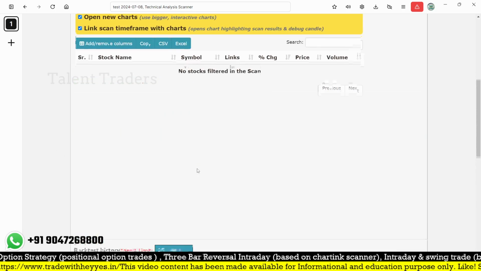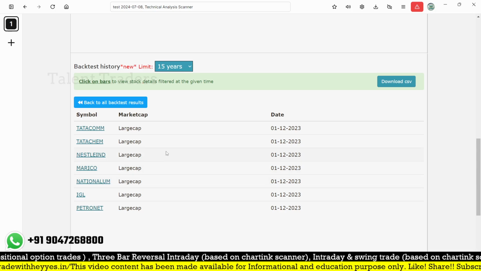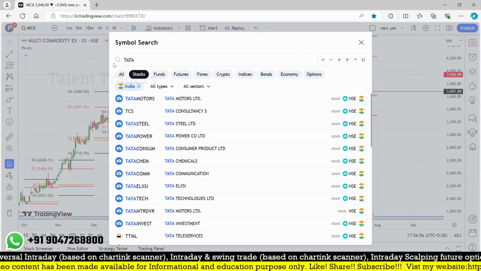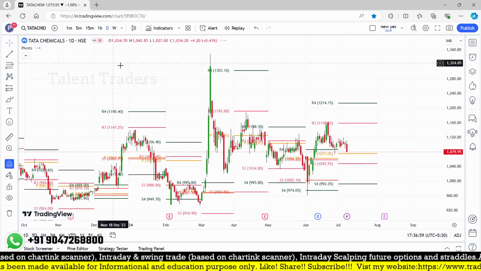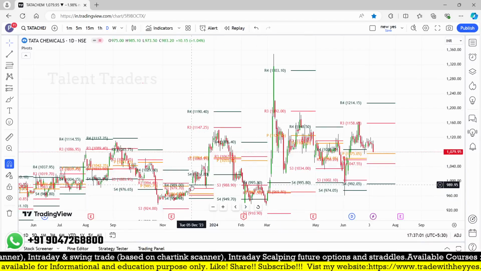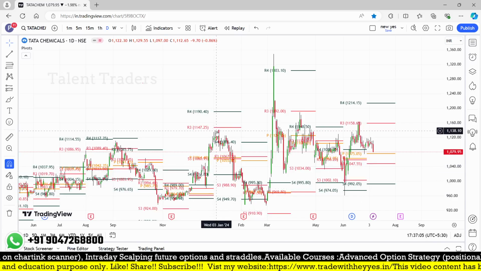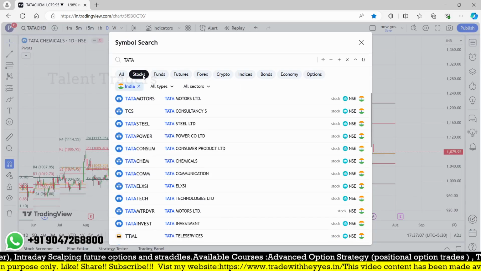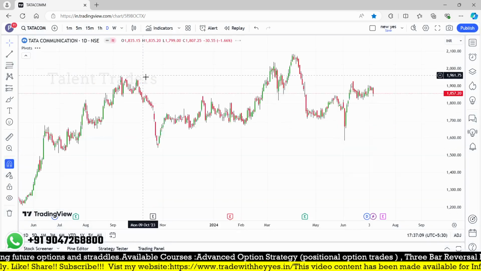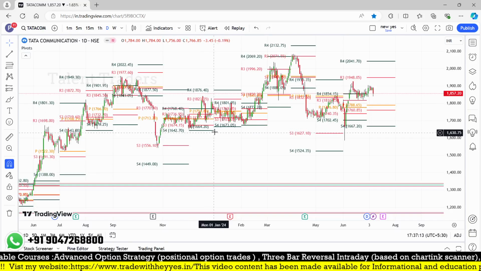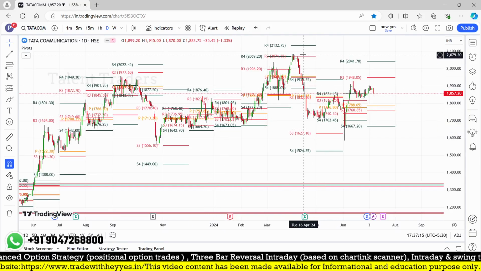We have a lot of stocks, I think. Let me check Tata Communication, Tata Chemical, Nestle. From Tata Chemical in December month, this is an opportunity. Yeah, here it is a breakout, and it gave us a good movement. Tata Communication, this is December. It gave you the breakout, it never triggered the stop loss, and it moved well over 4 months.